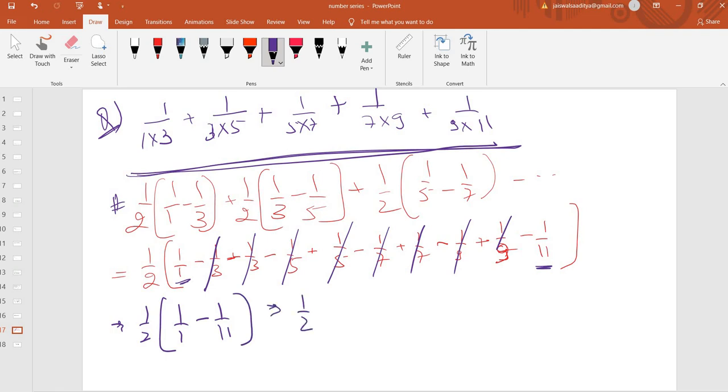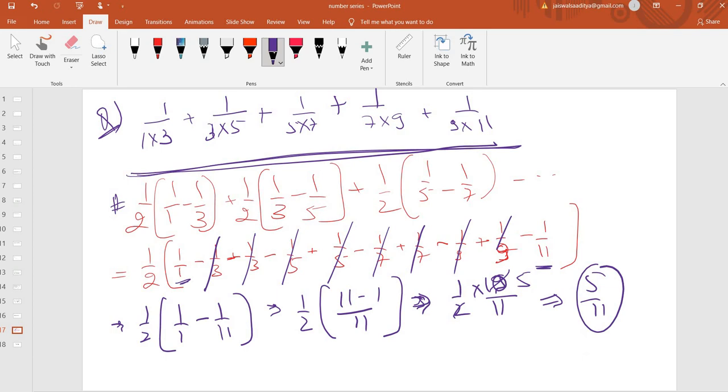So 1 by 2 times (11 minus 1 upon 11), it will come as 1 by 2 into 10 upon 11. So as a result 5 by 11 is your answer. Okay, so 5 by 11 is your answer.